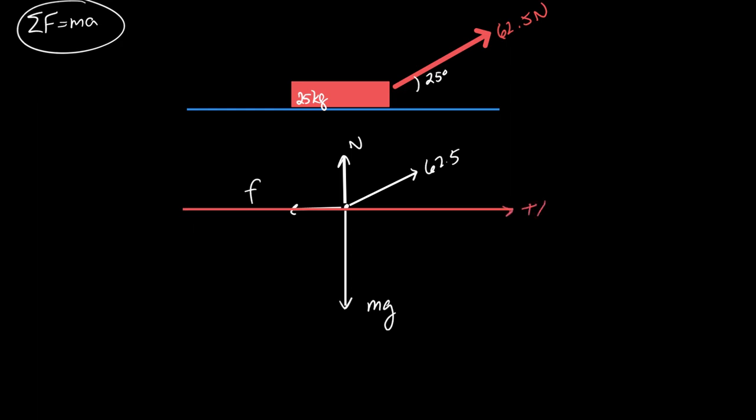And I got positive X, and make this positive Y. I have one force that is off axis, so I need to find its components. So 62.5 times the cosine of 25 degrees and 62.5 times the sine of 25 degrees. Any questions about those choices?